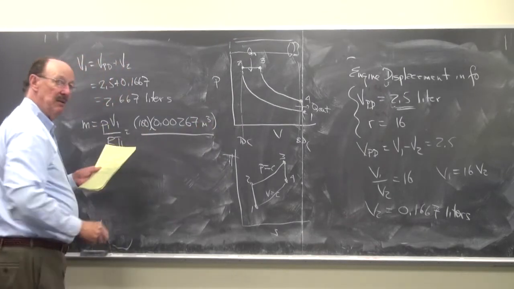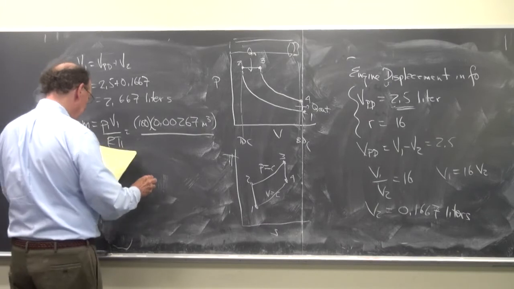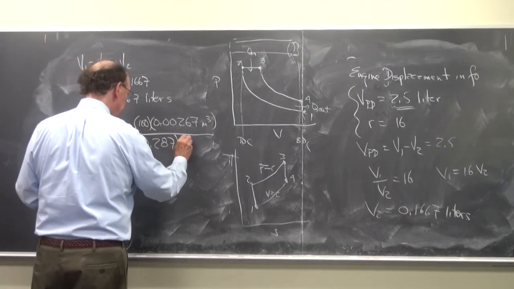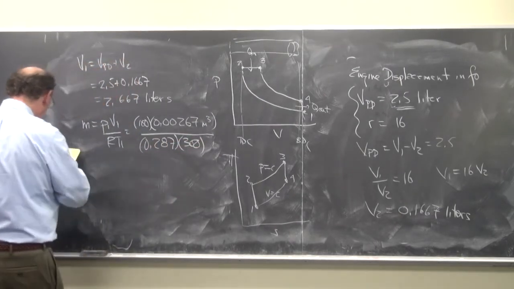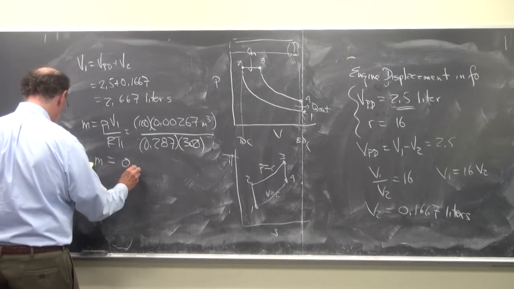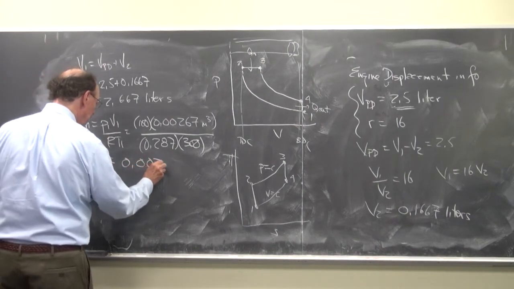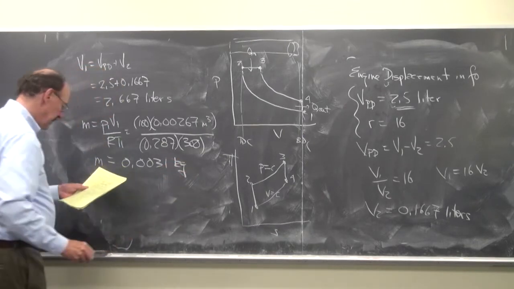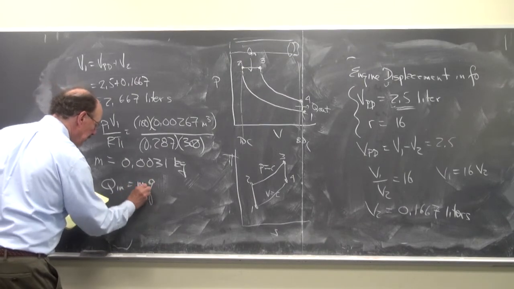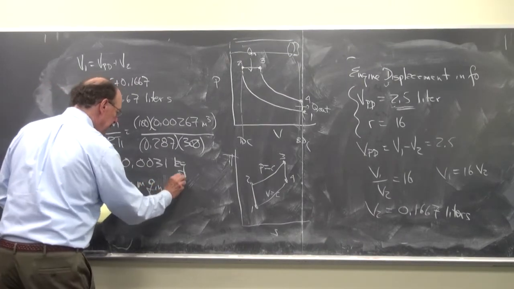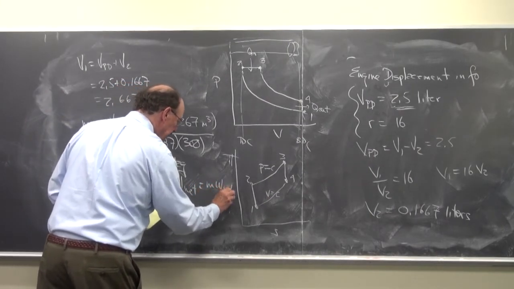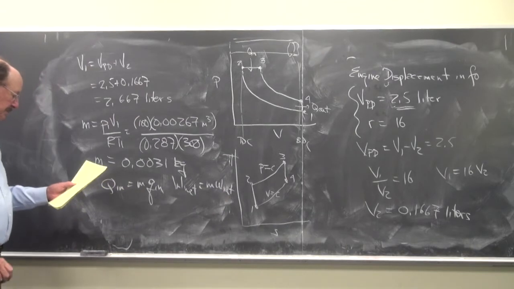So there are 1,000 liters equals 1 cubic meter. 0.287 times 300. So we have that the mass is equal to 0.0031 kilograms. And Qn is equal to M times little qn, W net is equal to M times the work per unit mass.